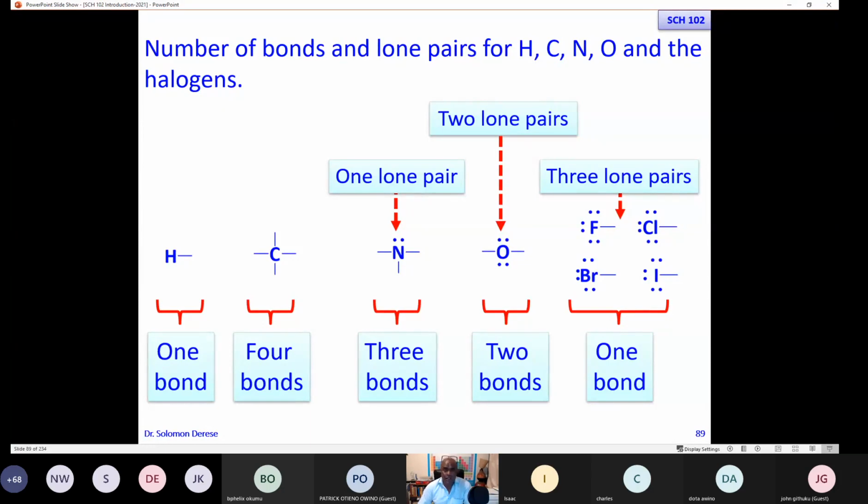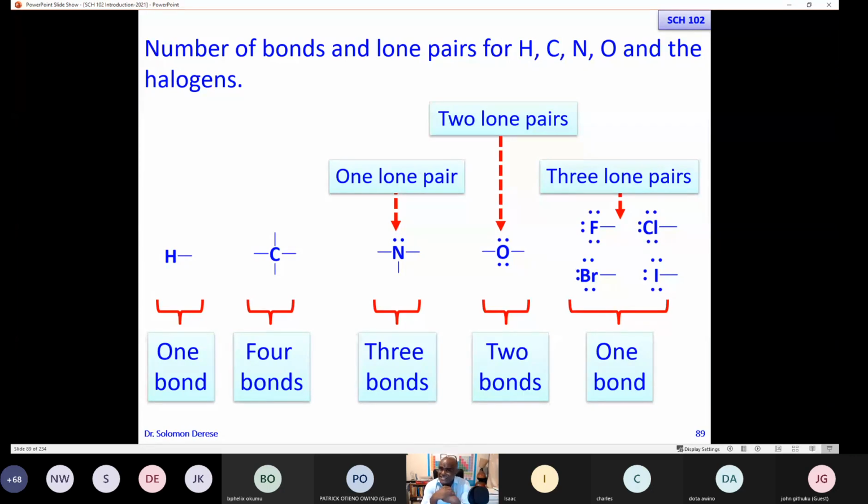So on the oxygen, you will see 4 electrons from the covalent bonds with the hydrogen. When you count the electrons around the oxygen in water, you only see 4 electrons.